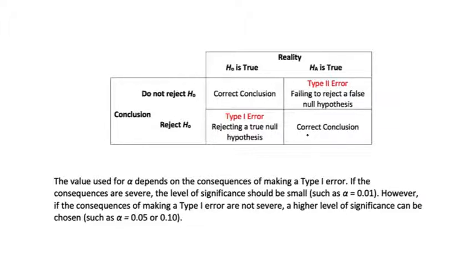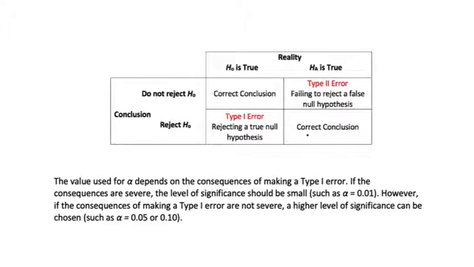And again, going back to the different values for alpha, they depend on the consequences of making a type 1 error. So if the consequences of making a mistake are severe, so this would be a situation that's like life and death, like medical research, they are going to use very small levels of alpha, 0.01 or maybe even smaller, because they don't want to make a mistake. You don't want to give people a drug that has nasty side effects and you have a lot of people dying.